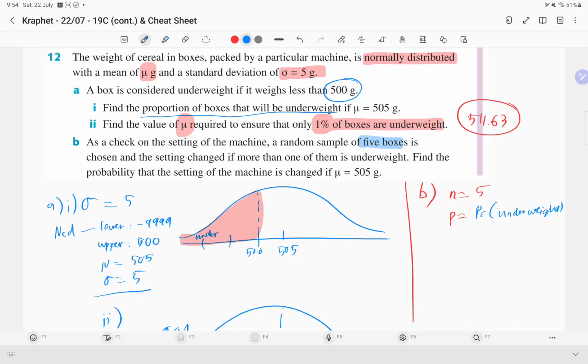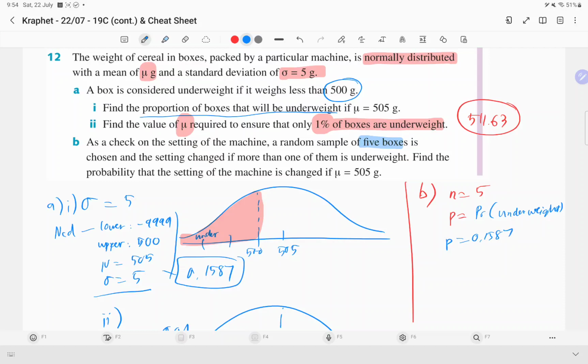So 1%. Actually, no, I didn't calculate this one, so I'm going to use their answer here, 0.1587. This is the answer for question A1. So this one would be 0.1587.